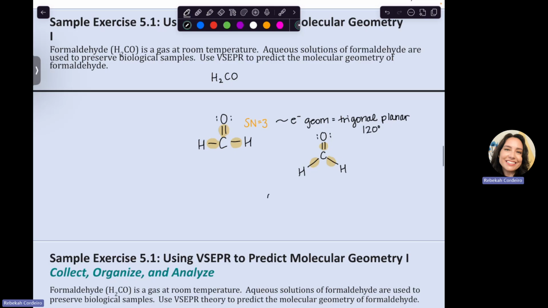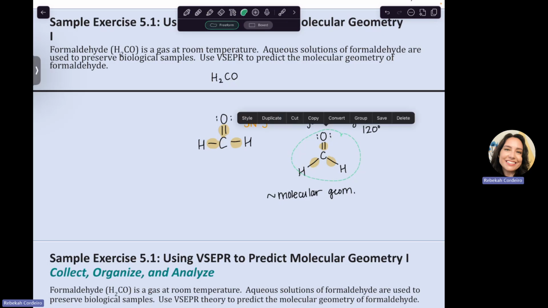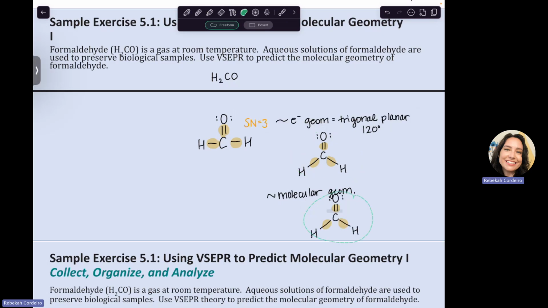Then the molecular geometry would be, what if we took the balloons away and we only looked at the orientation of the atoms with each other? So what if I drew it in this right shape and then I went and erased those electron groups?